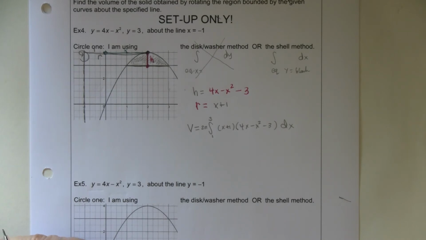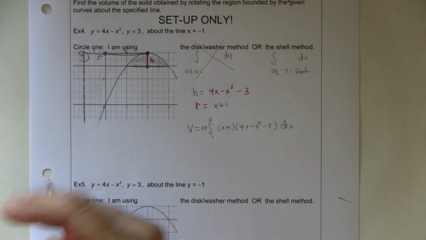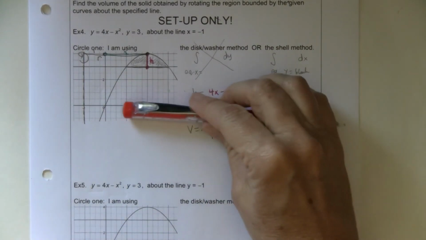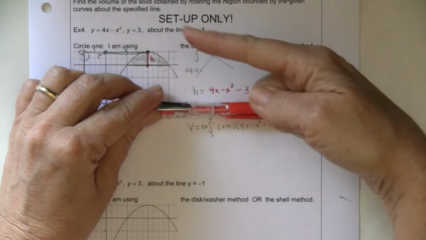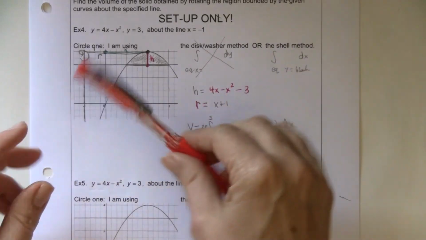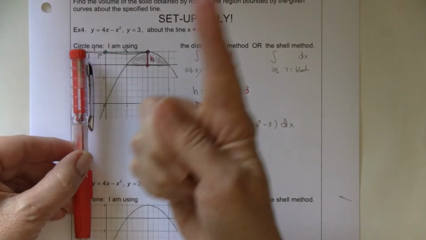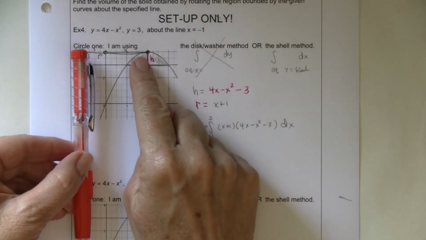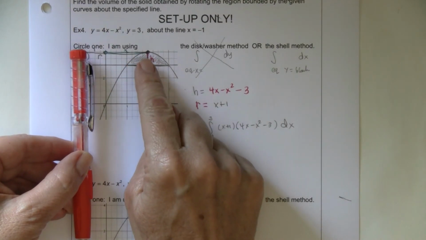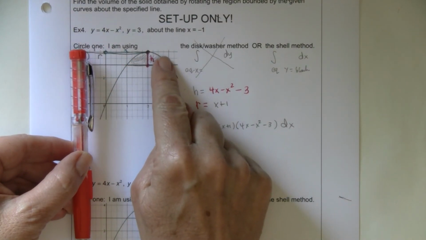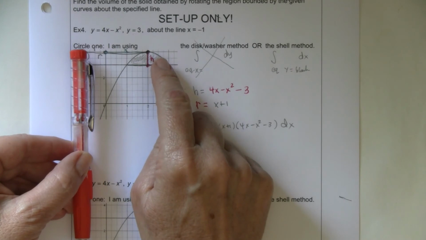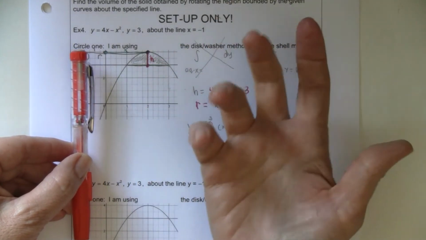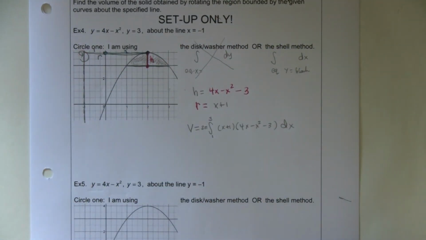On this one, if I was going around the y-axis, symmetry would actually work. But around this axis over here, whipping around, this half of it doesn't have the same radius as this half over here. And so actually, you're not going to be able to use symmetry.